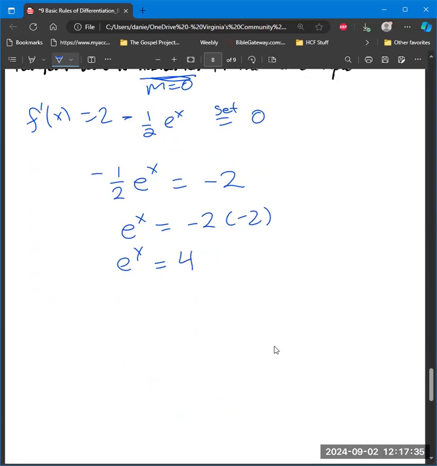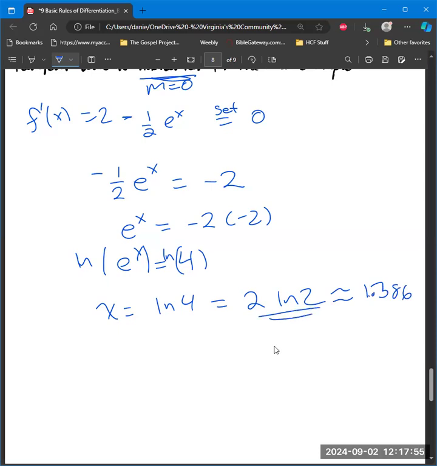And then we're going to take the natural log of both sides to get rid of the base of e. That's x equals natural log of 4, which is equal to 2 natural log of 2. You can approximate that as 1.386. These are both exact answers here. This is an approximation. Go with the exact answer unless you're told to round.